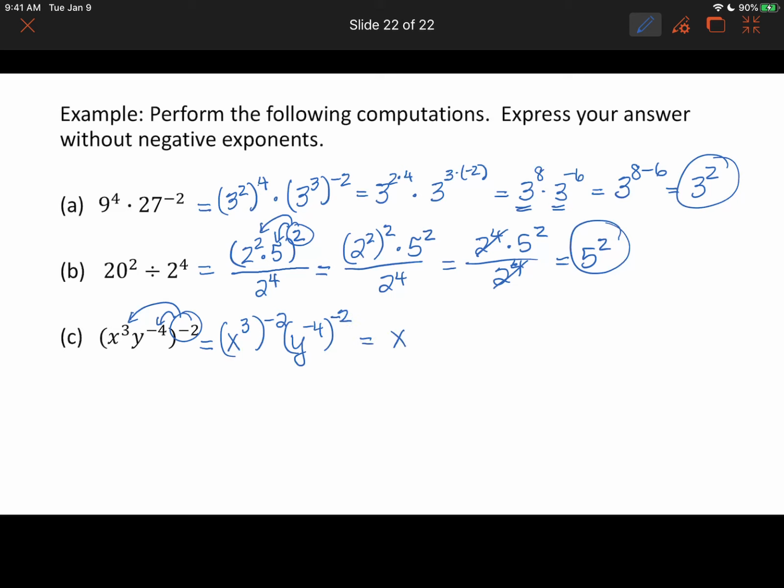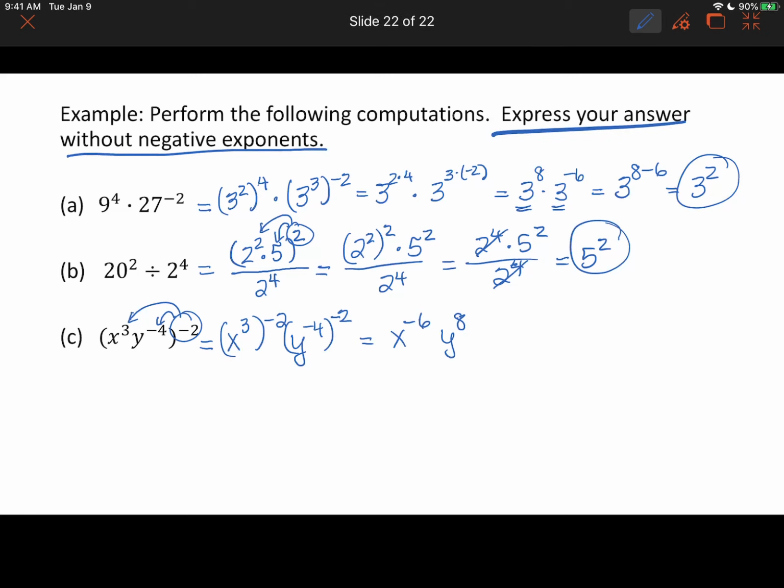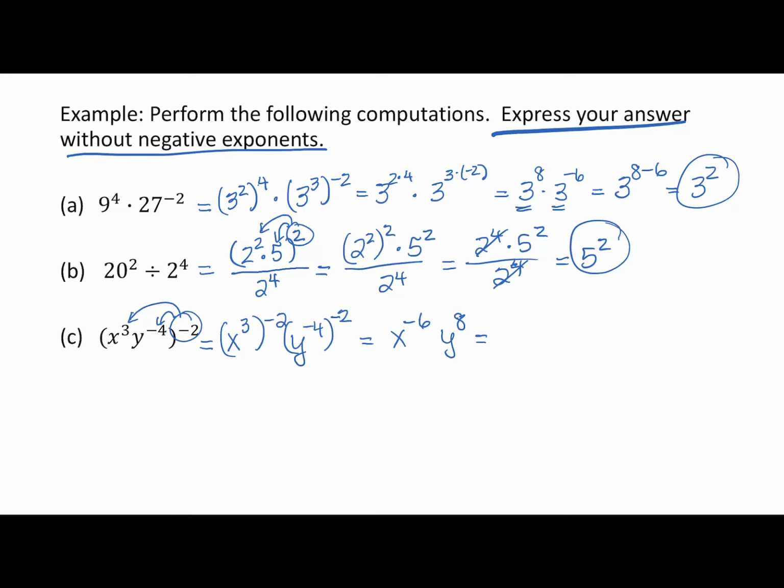So I get x to the negative 6 times y to the positive 8. And my answer says express your answer without negative exponents. So what can I do to rewrite x to the negative 6? Well, I can use that rule that says it's 1 over x to the positive 6 times y to the 8th. And we could write that as a single fraction: y to the 8th over x to the 6th.